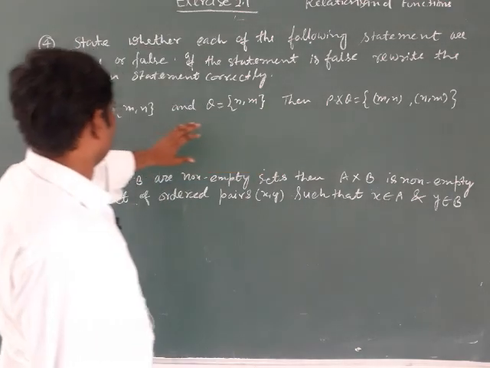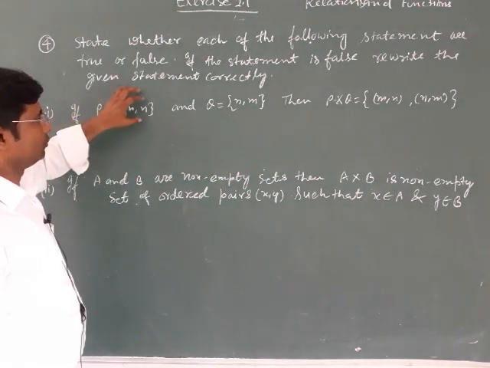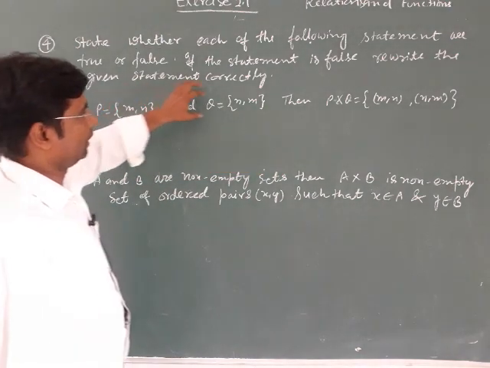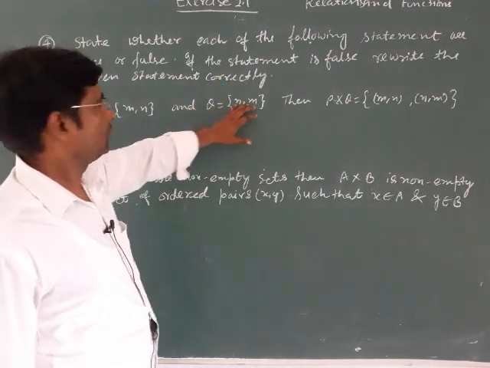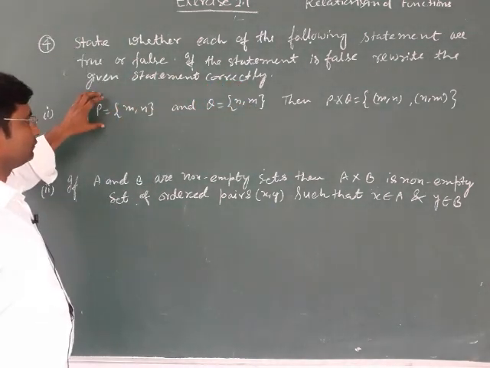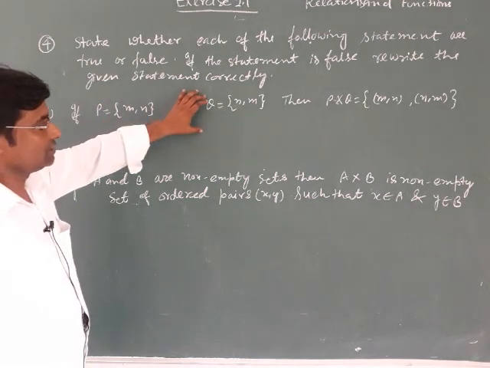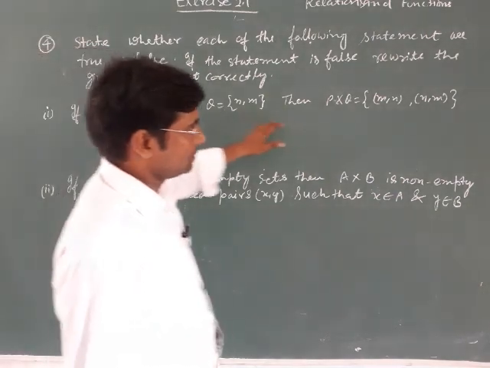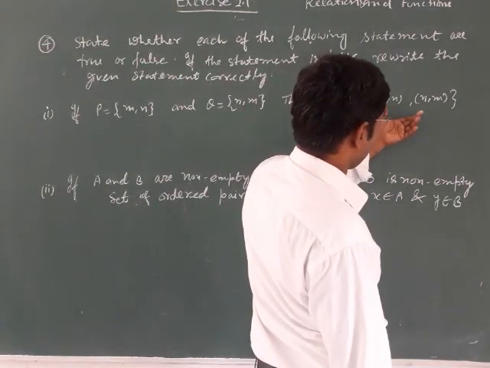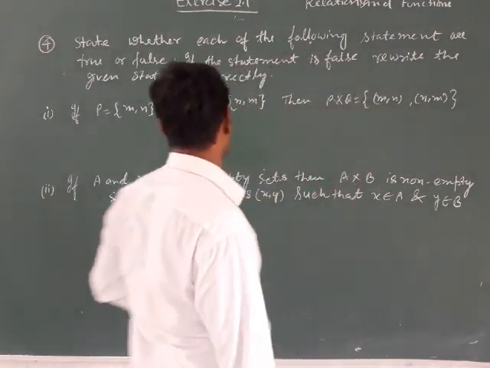So set P has 2 elements and set Q has 2 elements. The number of elements in P cross Q is 2 into 2, 4. This is not 4 ordered pairs. This is false.